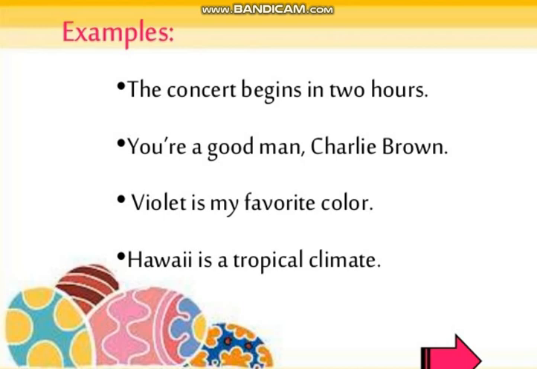Violet is my favorite color. Here someone has just shared his or her favorite color. So we are not supposed to give any answer to it. Hawaii is a tropical climate. Here also it is just a statement or a declaration, because something is being declared about Hawaii, that it has a tropical climate.